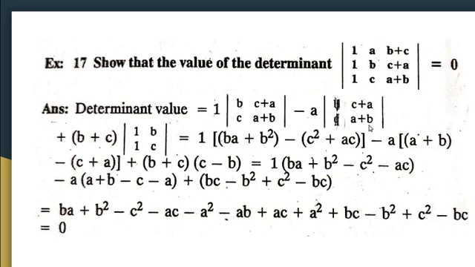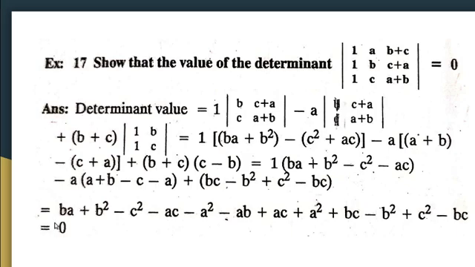Then minus a into 1 into a plus b, then minus c plus a. Then by multiplying we will get this value, then b plus c into c minus b.